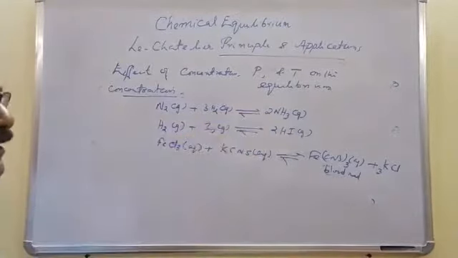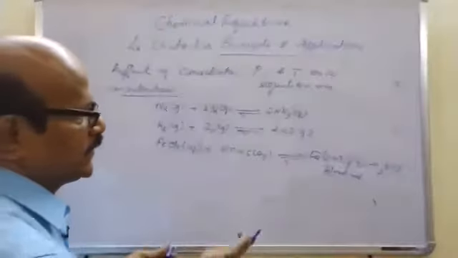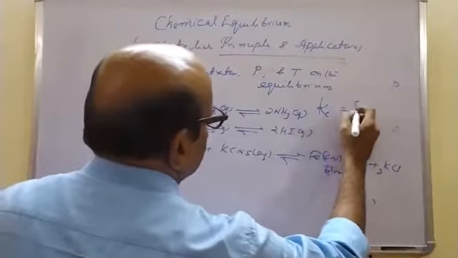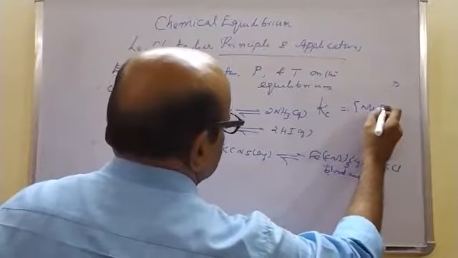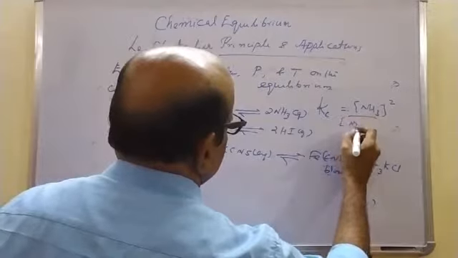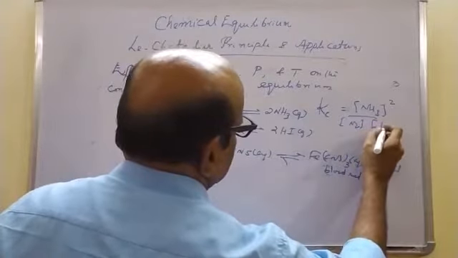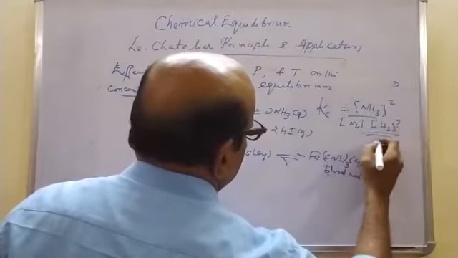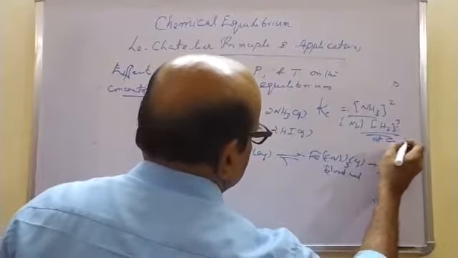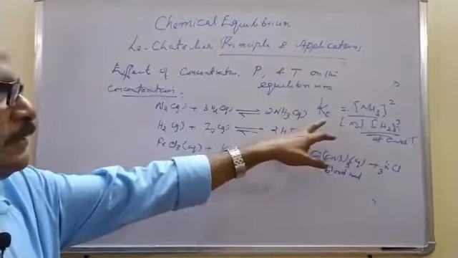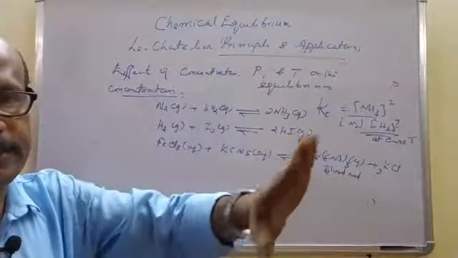Suppose the equilibrium constant, Kc or Kp, is equal to concentration of NH3 at equilibrium the whole square, divided by concentration of N2 at equilibrium, divided by concentration of H2 the whole cube at equilibrium. Our equilibrium constant at constant T. Done.